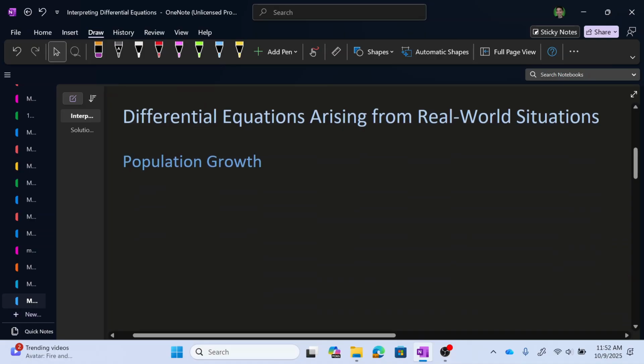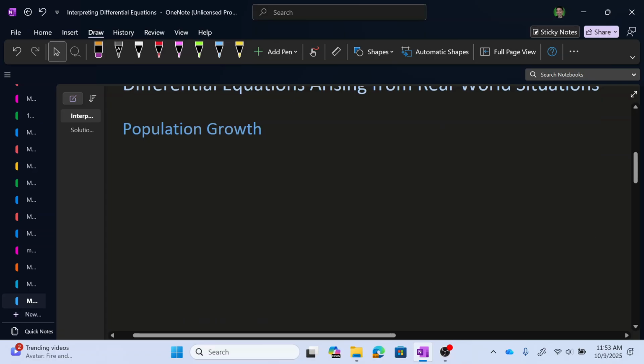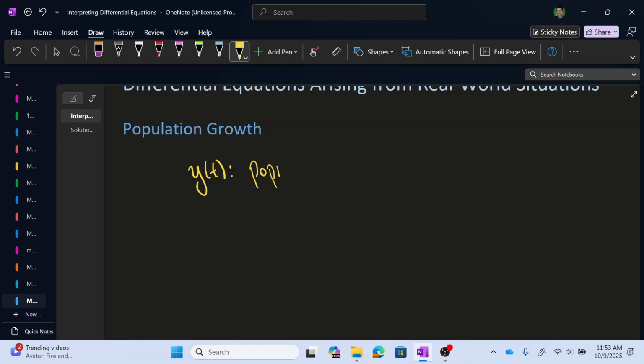And to begin with, let's talk about the differential equations that arise from the situation of population growth. So in this scenario, we might have some function y of t that represents the population of a certain species at time t.